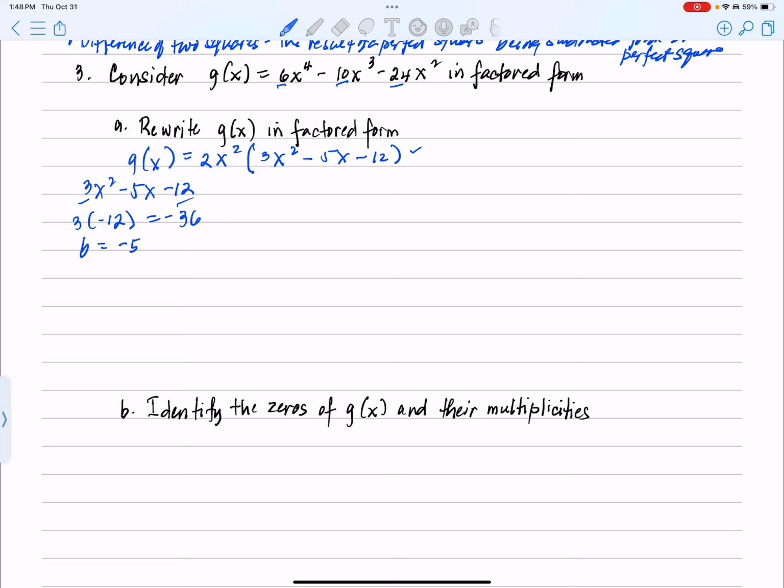So what are the factors of 36 that when you add them, you come up with a negative 5 in the middle? So in 36, we have 1 and 36, 1 and minus 36. It doesn't add up to negative 5. We have 2 and 18, doesn't add up. We have 3 and 9.